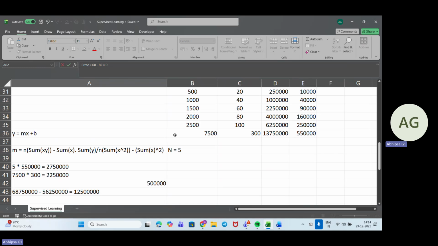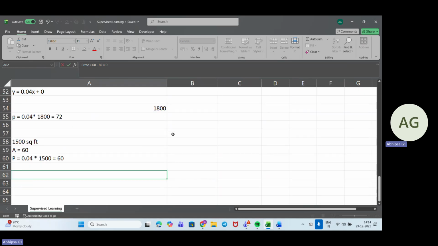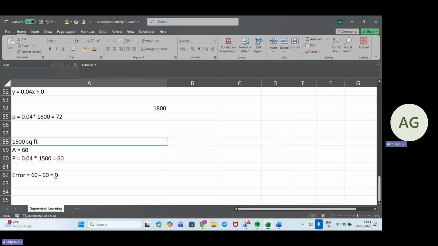The price is increasing, and all the points lie exactly on the straight line. That's why we are getting an accurate result, and also there is zero error. So that means my model is predicting everything near perfect. At least for this value, we have got the value correctly. The prediction was correct.